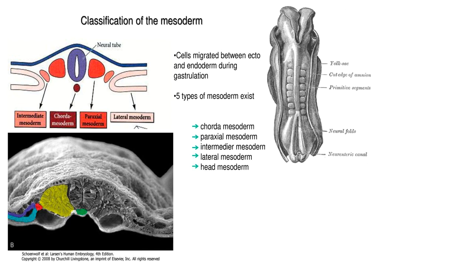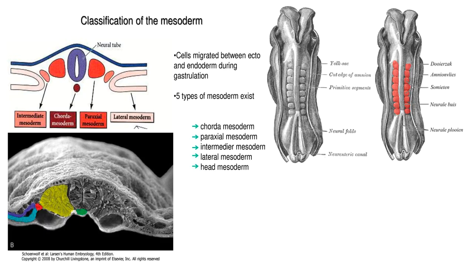Lateral to it you find elevations, and that is the formation of the somites. This somite structure, which in this diagram is shown in red, is basically the proliferation and differentiation of the paraxial mesoderm as the neural plate continues to fuse in the midline.